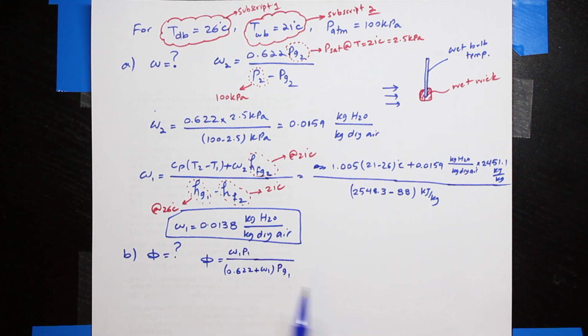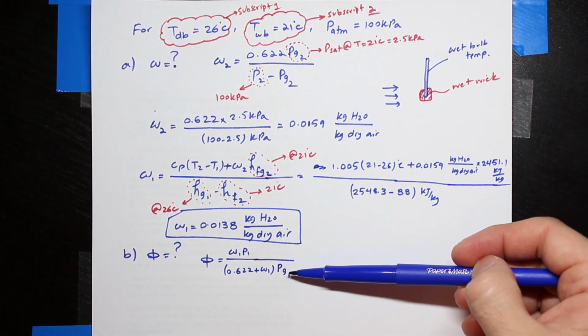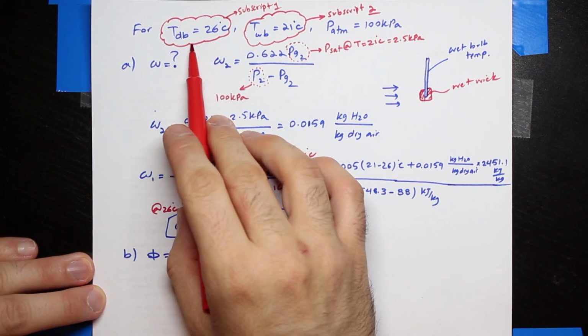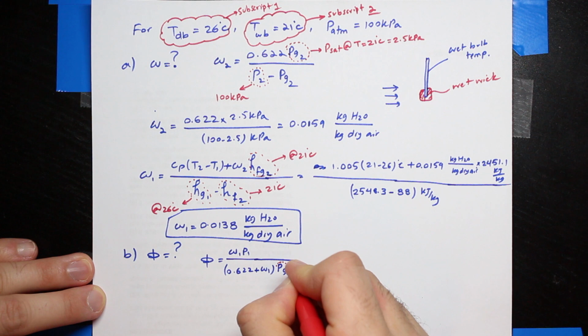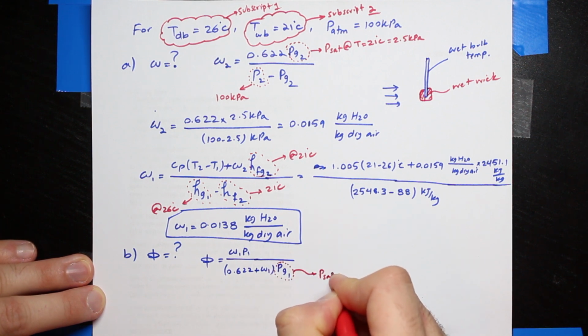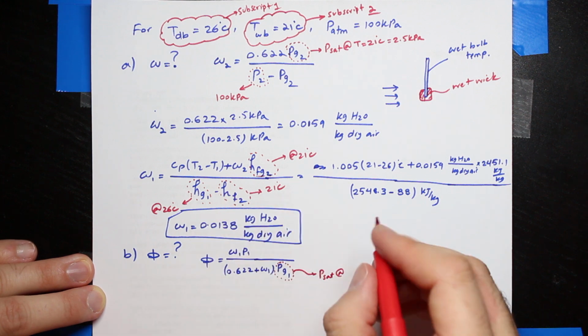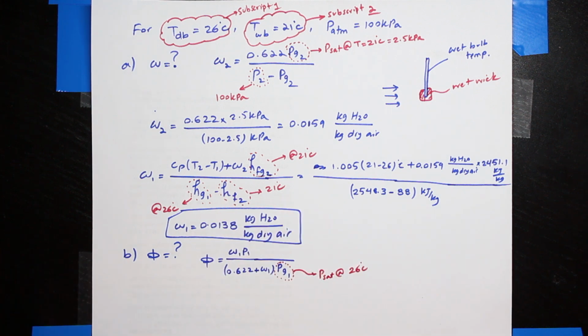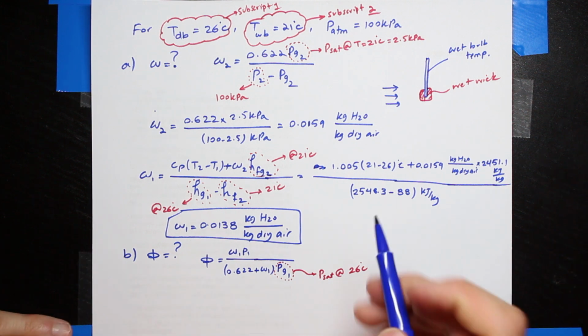So what is PG1? So PG is Psat at the dry bulb temperature. So this is P sat at 26 degrees C. All right. So value wise, this comes from table.